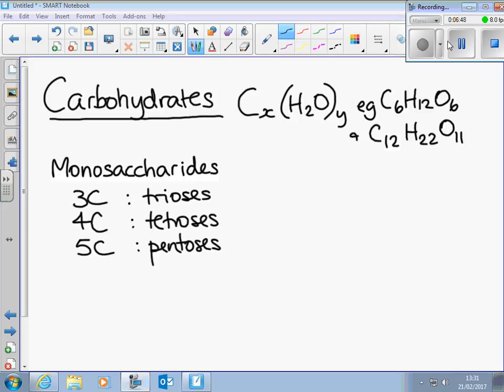In RNA it's ribonucleic acid, and in DNA it's deoxyribonucleic acid, and that ribo bit means ribose. So ribose in the nucleic acids we will be coming back to in that section, but the ones that we meet most often are the hexoses.